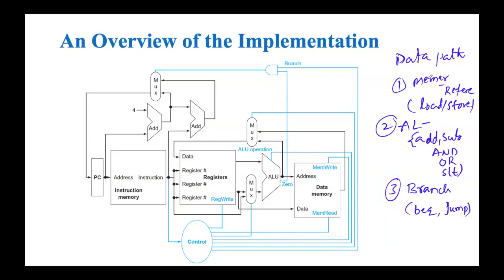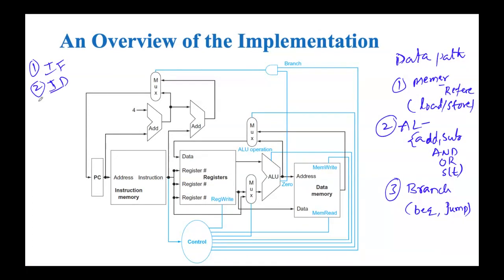Okay. To implement these, what different hardware components are required? We have seen in the instruction implementation that there are 5 phases. One is the instruction fetching phase. Second is the instruction decode phase.